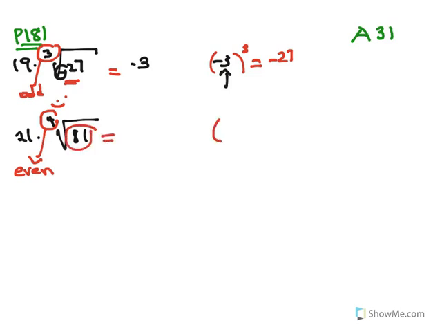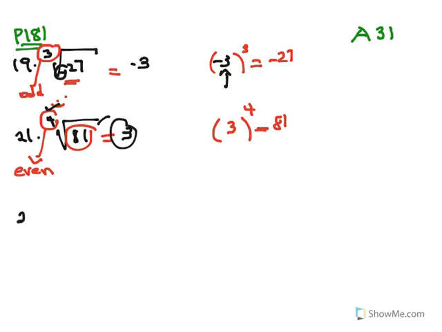So in other words, I'm looking for a number that, set to the fourth power, will give me 81. Okay? We all know that that number is 3. Yes? So the answer here for the fourth root of 81 is 3. Again, this is positive and this is even, so this number has to be positive.